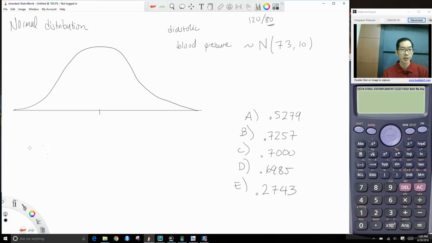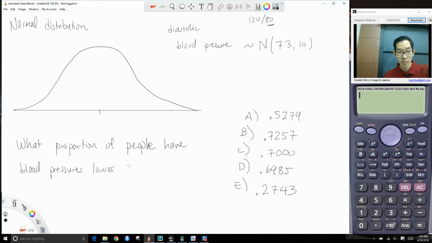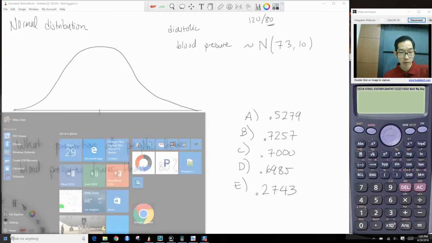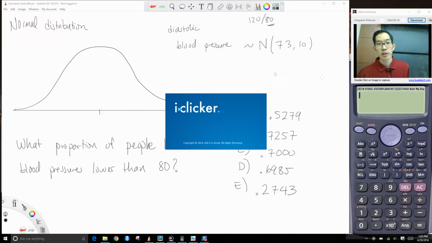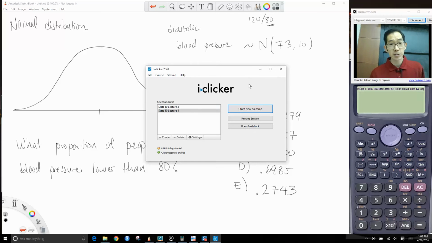Okay, so I'm going to ask what proportion of people have blood pressures lower than 80? So again, we're saying blood pressure follows a normal distribution with a mean of 73 and a standard deviation of 10.